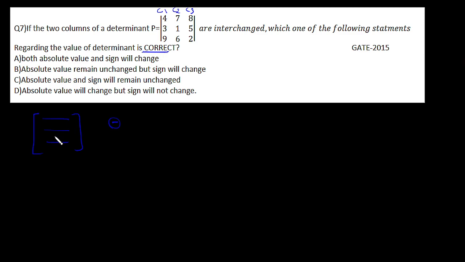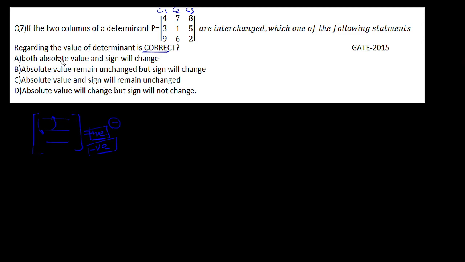If the determinant of this matrix is positive, then after interchanging this row with this row, we get the negative determinant. But the value still remains as it is. They are asking about the column interchange, but it is the same thing as the row interchange. So we have to choose the correct option.